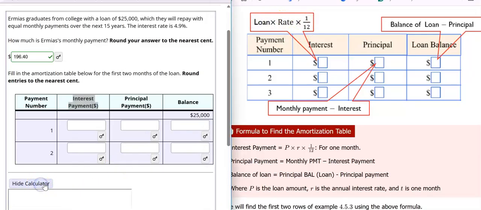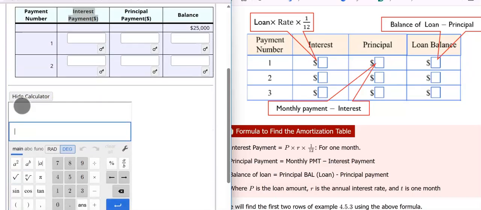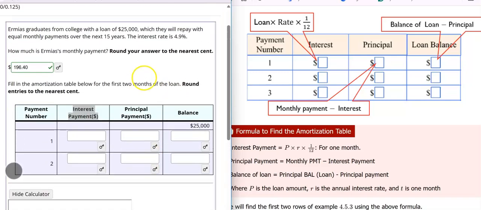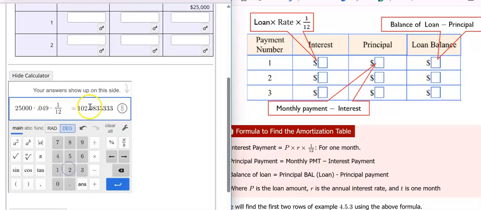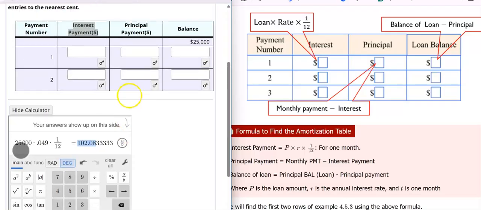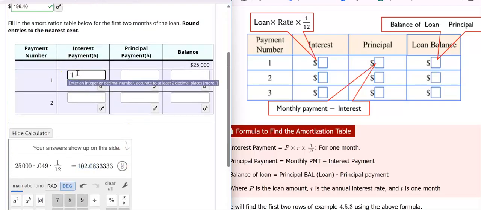On the calculator, the loan is $25,000 times the interest rate of 4.9%, so we put the decimal 0.049, times 1 divided by 12. I get $102.08. I'm going to put that number here, rounded to the nearest cent.